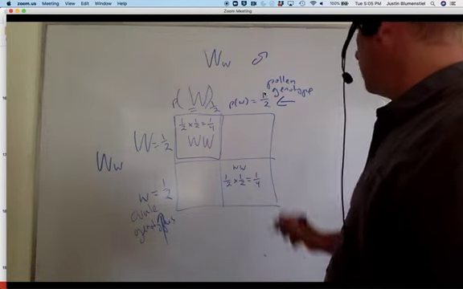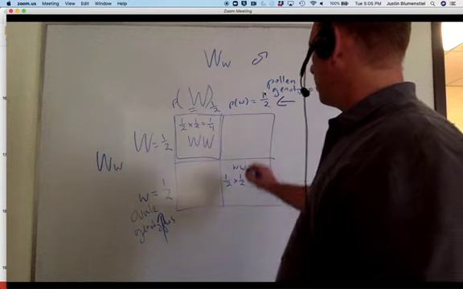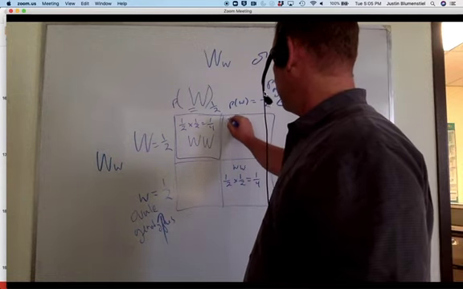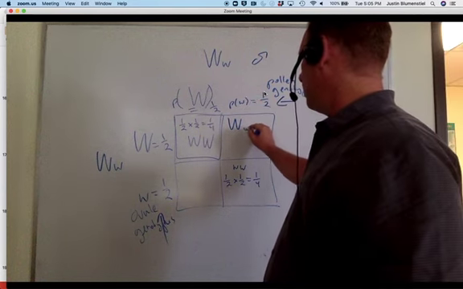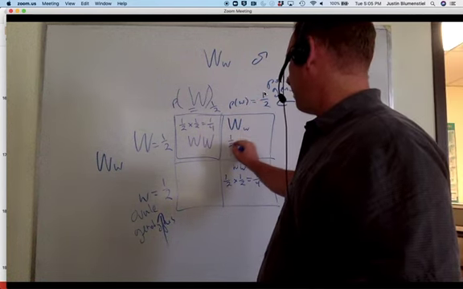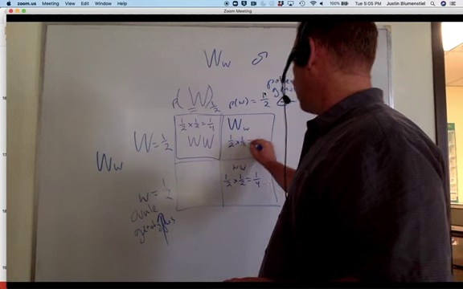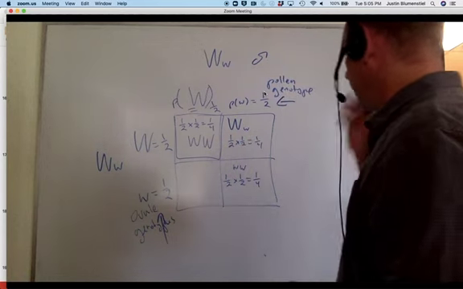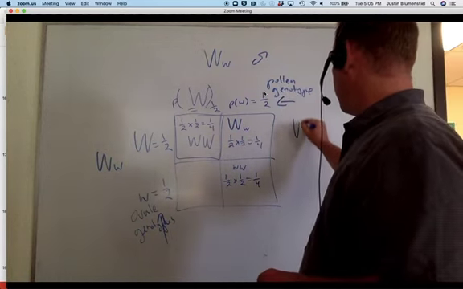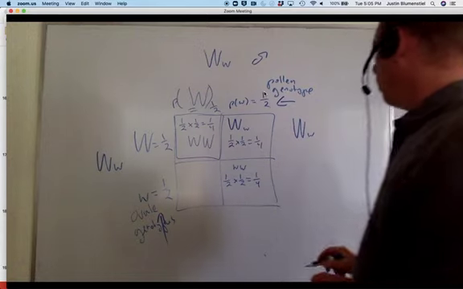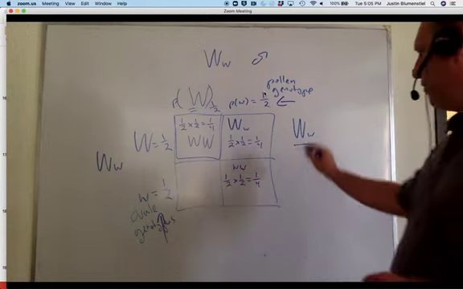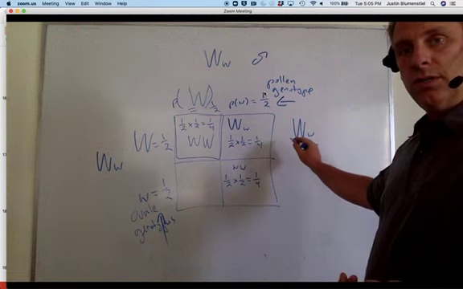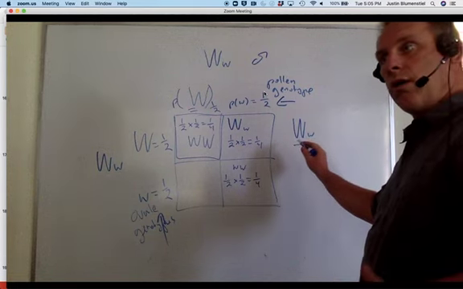Now, actually, this is a case in which the ovule is big W genotype, and the pollen is little w genotype. That's still 1/2 times 1/2, right? Which is equal to 1/4. But that's not the probability of producing a big W, little w genotype. Now, when we show this genotype, we do not care if the big W came from the pollen or the ovule.